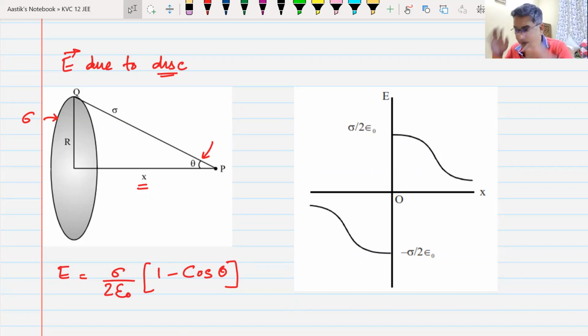Once you've seen the graph once, I think you will be able to solve whatever questions they put. That is the reason I'm showing you all these graphs, so that if the question comes, you are ready beforehand.